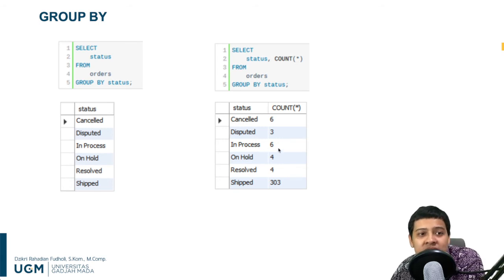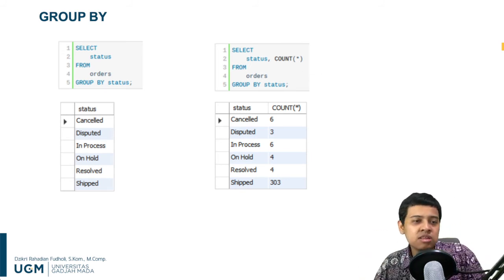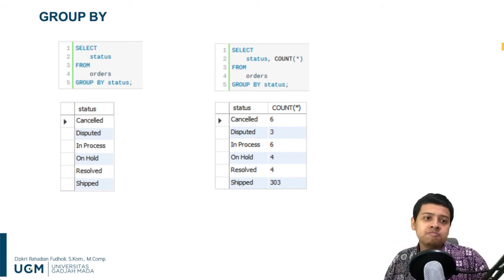In process the count is 6, and so on until shipped is 303. Maybe 90% of the time, using GROUP BY, we will use an aggregate function like this one, to summarize. Now I see that cancelled is 6 rows, and so on.